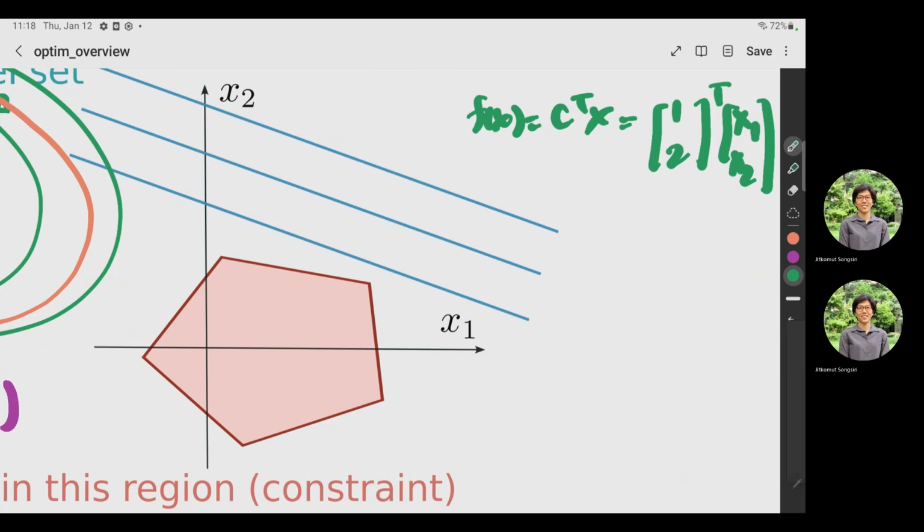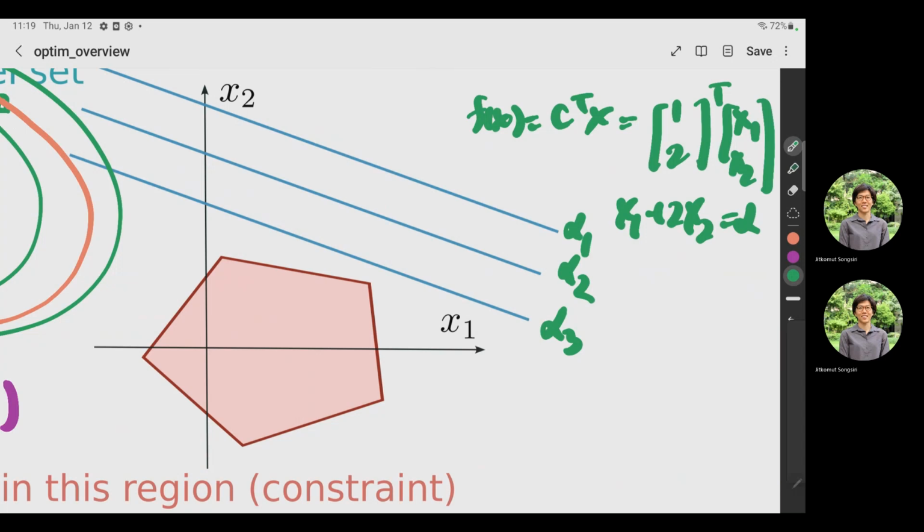A line in R2, right? Is x1 plus 2x2 equal to alpha? If I draw, okay, this is one level, one level of function value. This is alpha 1, alpha 2, alpha 3, right? The level sets corresponding to a linear function associated with different function values.